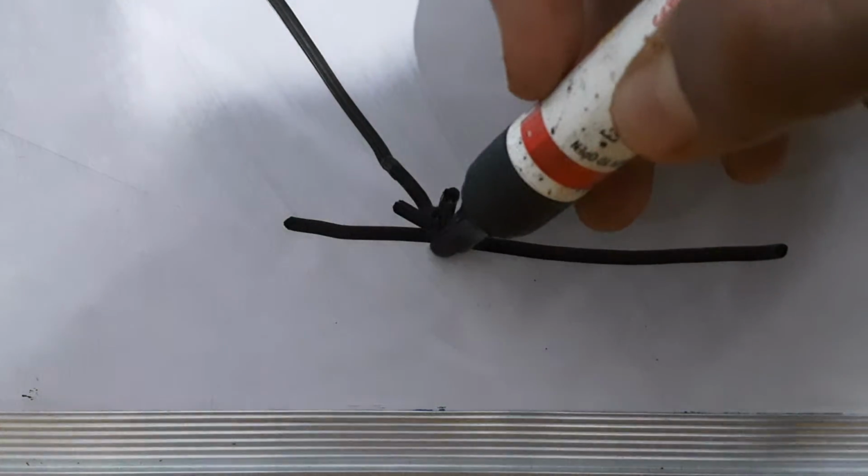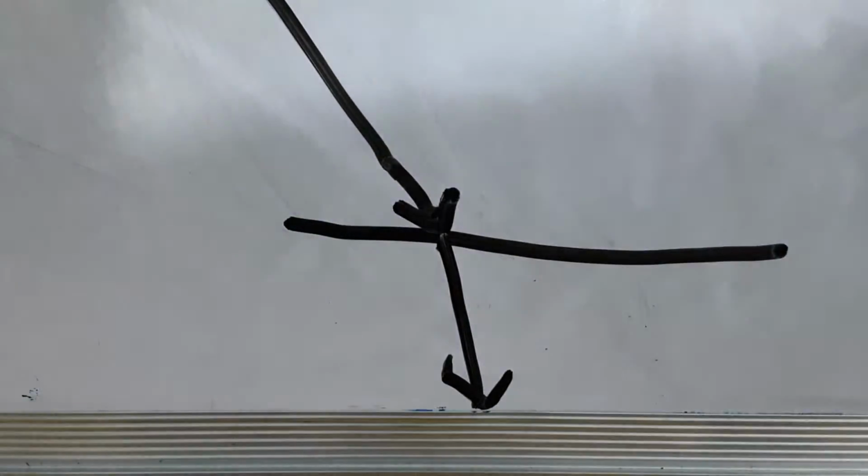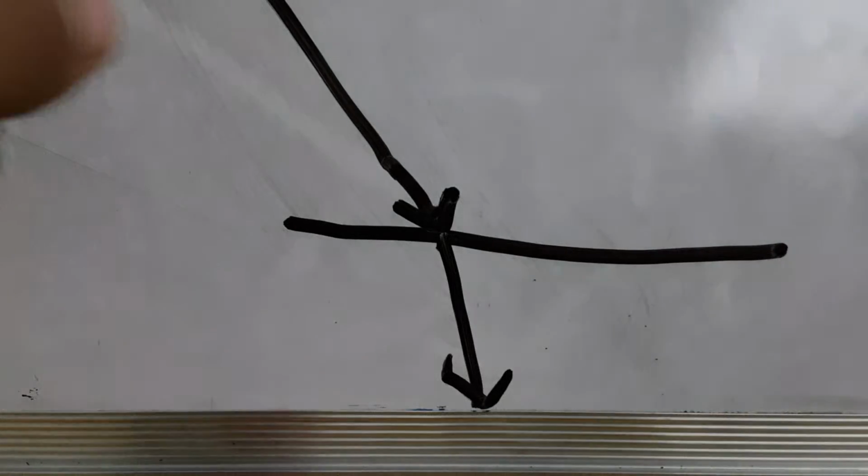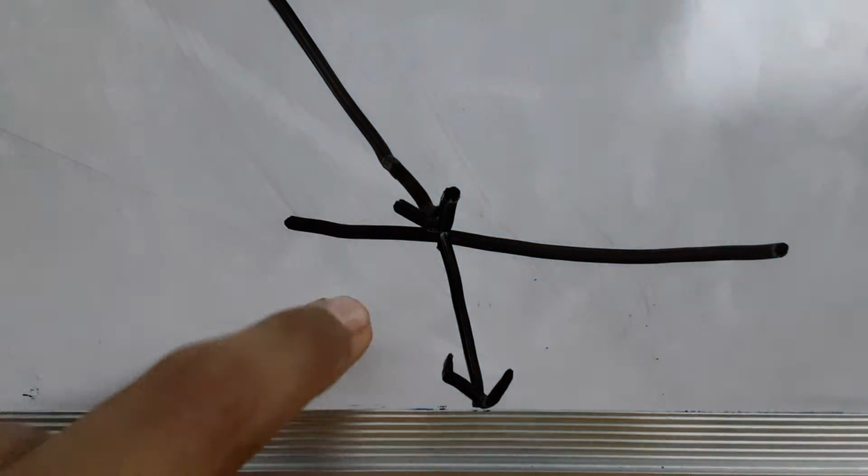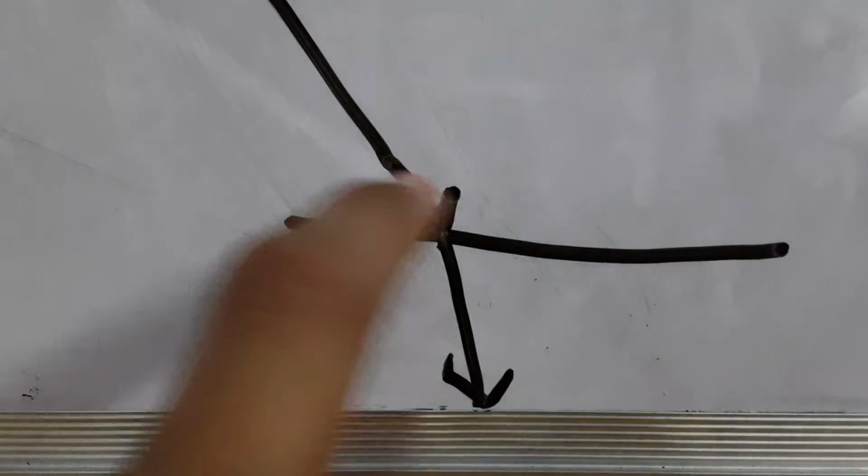So what will it do? It would go down. Here, as you can see, the light is bending. It was in air first, and then it is coming into glass. This is called refraction of light. This phenomenon of bending of light is refraction of light.